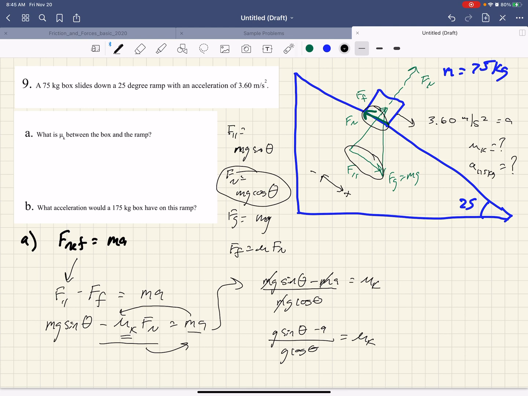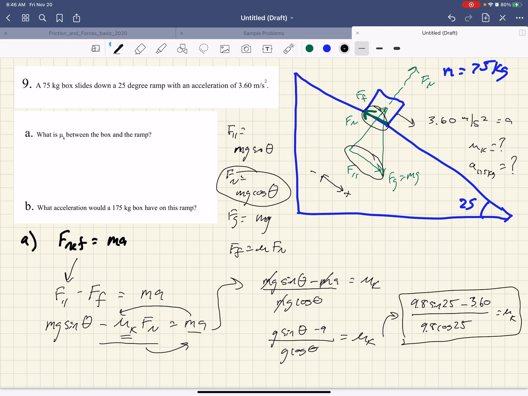I'm not going to spend time calculating this on my calculator, but I will set it up for you. That means 9.8 times the sine of 25 minus 3.60, all over 9.8 times the cos of 25. Whatever all that nonsense is going to be your answer there.